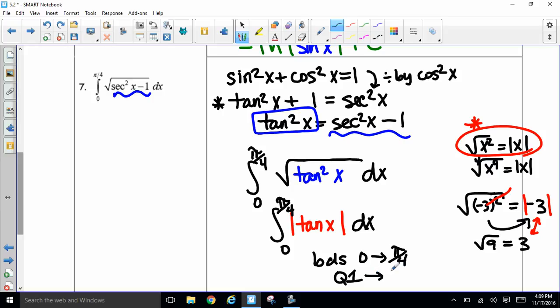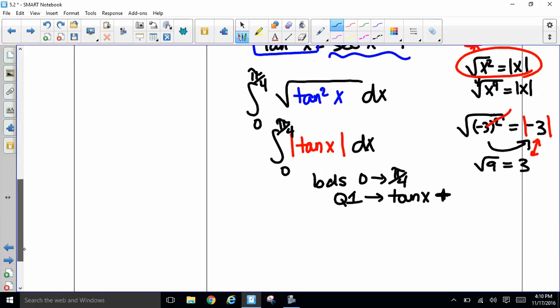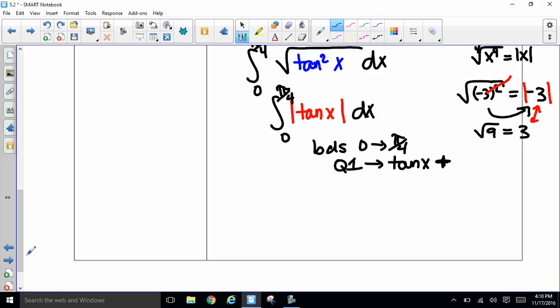In quadrant 1, tangent of x is always positive. But if you switch quadrants and tangent goes from positive to negative, then you would have to go back to chapter 4a when we talked about distance and displacement, and how you split up and integrate with absolute values. That's a skill you're still responsible for. I just don't have to worry about it here.